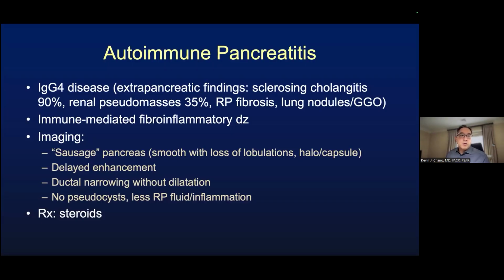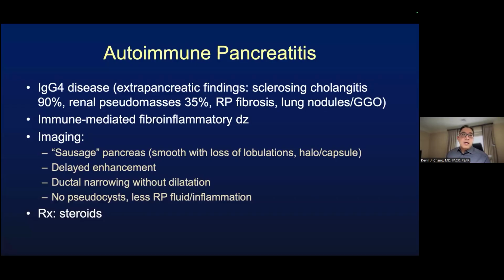The typical imaging appearance in the pancreas, which I showed you before, was this sausage pancreas with a smooth appearance of the parenchyma with loss of the lobulations and the variable appearance of this halo or capsule of tissue around the pancreas. There may be delayed enhancement relative to a normal pancreas, and there can be ductal narrowing of the pancreatic duct in these areas, usually without upstream dilatation.